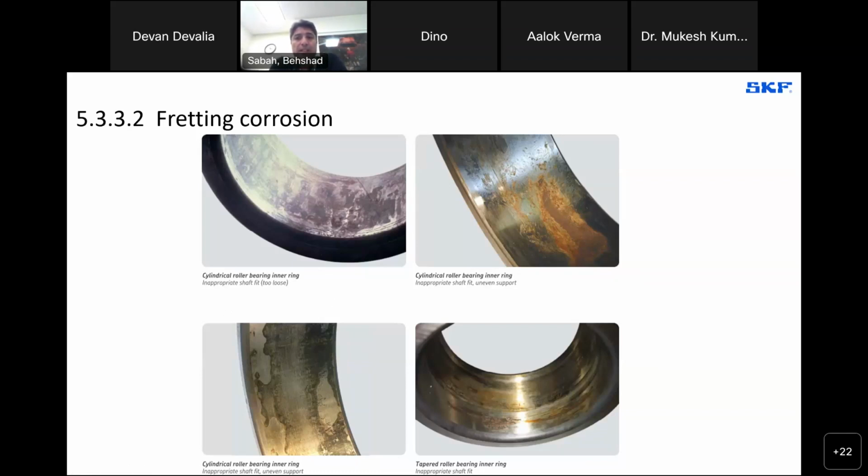Good. So is this bearing failure analysis service free by SKF, or do you charge for that? It's a charged service. It's a value-added service, and we usually take it case by case.